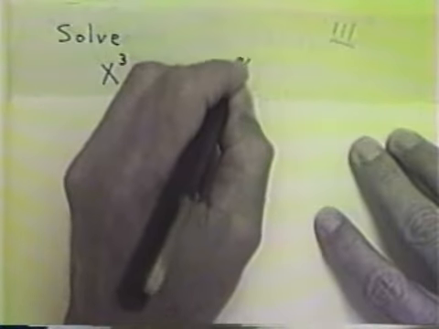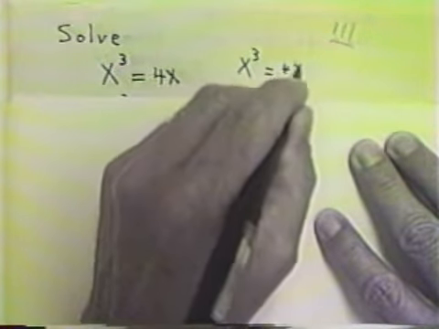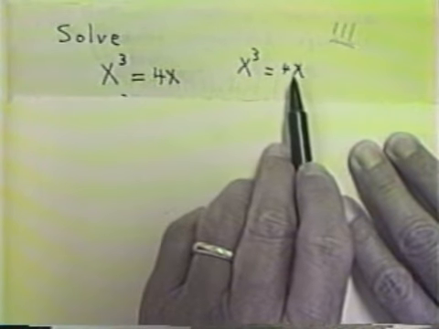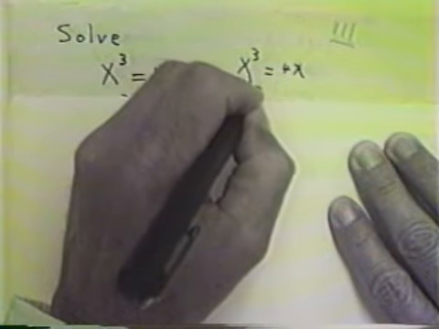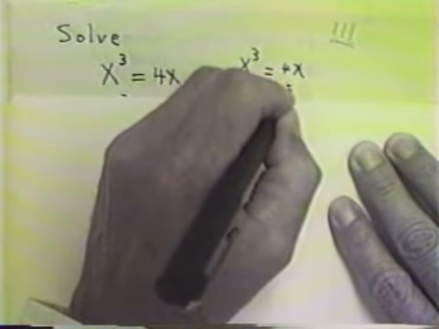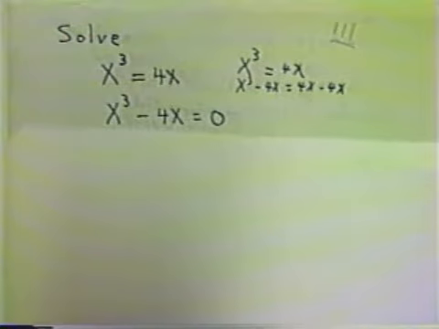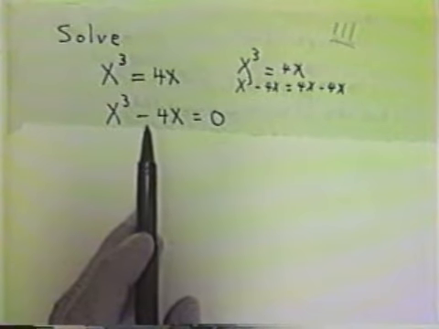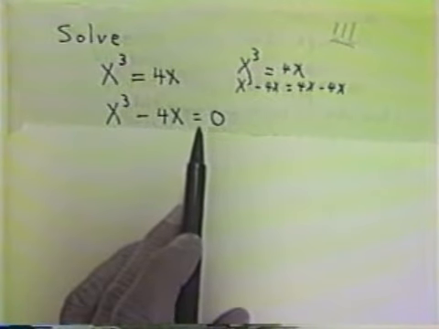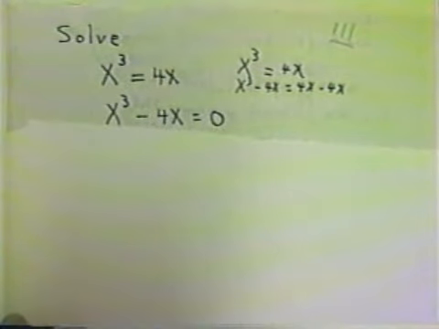So if we have x cubed is equal to 4x, I need to say x cubed minus 4x is equal to 4x minus 4x, which will in turn give me x cubed minus 4x is equal to 0. 4x minus 4x is 0.